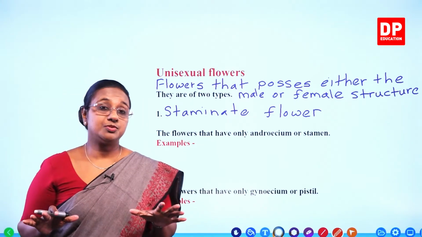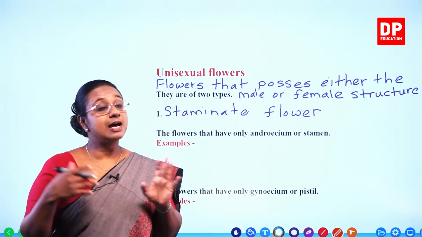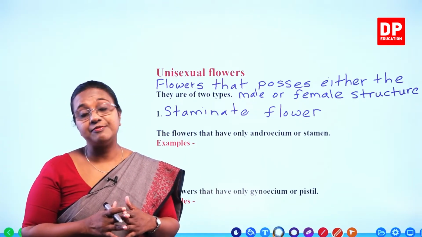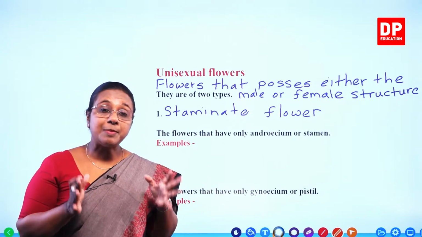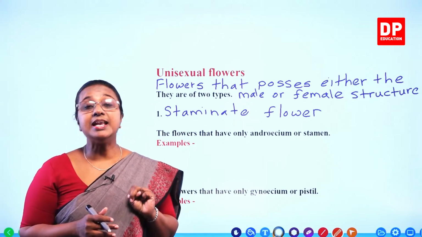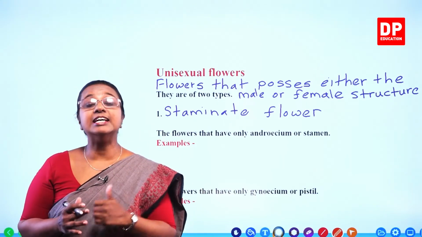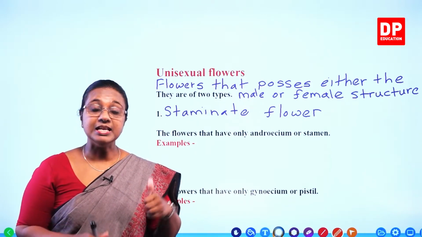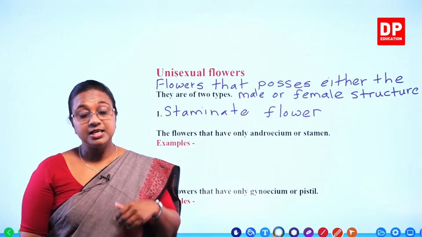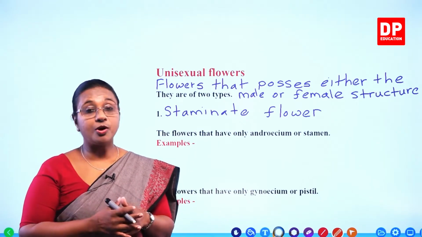So sometimes students, both these flowers can be present in the same plant, sometimes they can be present in different plants. So if we look at examples, if we take pumpkin, the pumpkin plant has two flowers, the staminate flower and the pistillate flower. So the sterile flower of pumpkin is a staminate flower. The same goes for corn. If you take corn, you all know what corn is.